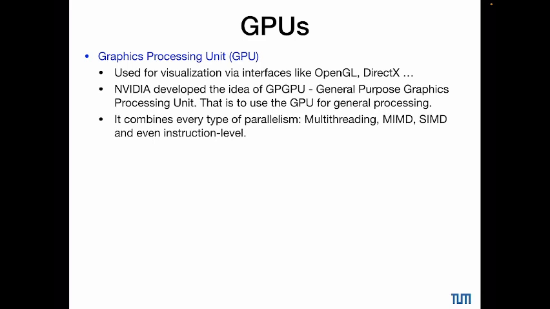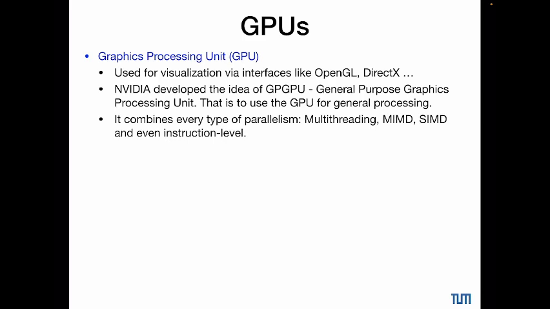And these GPUs are really very powerful if you have an application that matches what they offer. They combine everything that is state-of-the-art in computer architecture at the moment. For example, multi-threading, where you have a core which can run 2 threads at the same time, simply to make better use of the hardware of the core.